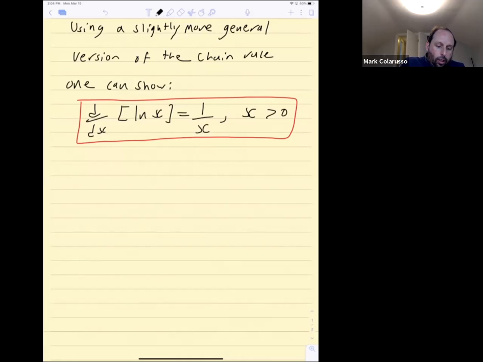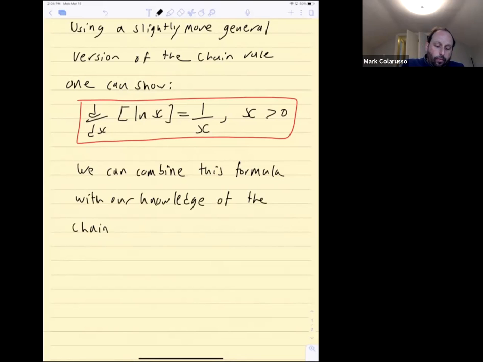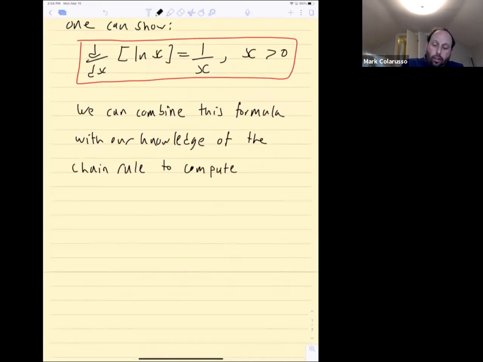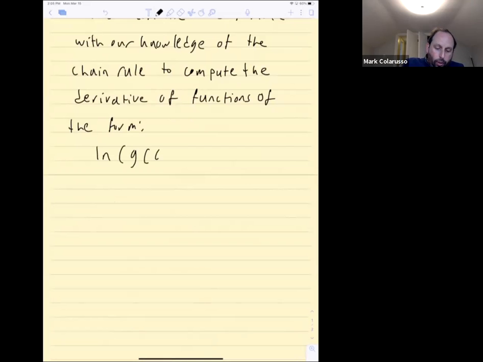Okay, so we can combine this formula with our knowledge of the chain rule to compute the derivative of functions of the form ln composed with g of x.